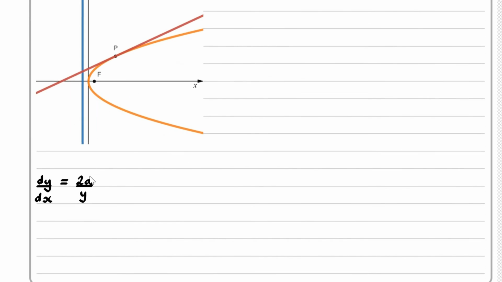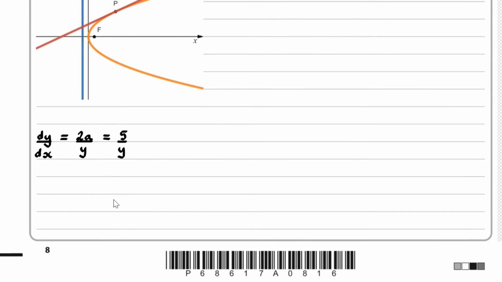That's equal to 5 over 2. 2 times 5 over 2 is 5. So we have dy over dx equaling 5 over y.